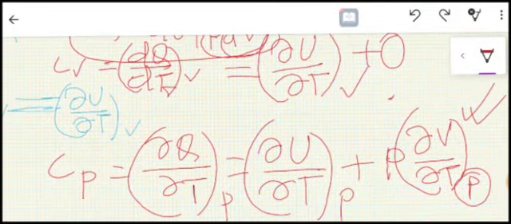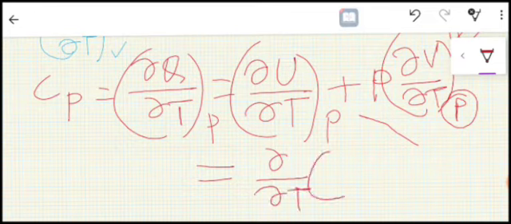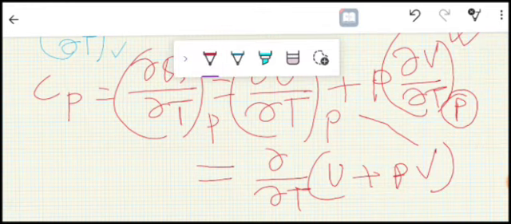So we get that Cp is equal to ∂U/∂T at constant P plus P into ∂V/∂T at constant P. Now if we simplify this, we get U plus PV. Now what is this?